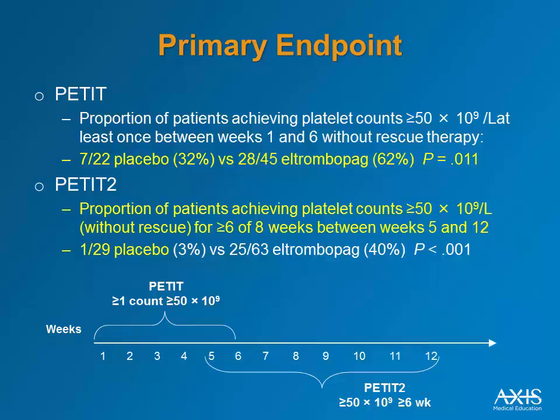This endpoint is like the one that was used for romiplostim in its licensing studies published in the Lancet in adults in 2008. And there you see that only 1 of 29 placebo patients versus 25 of 63, or 40%, of the eltrombopag patients achieved that number, and the P was less than 0.001.